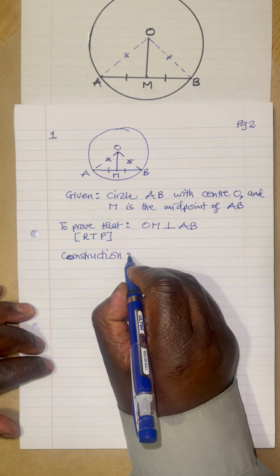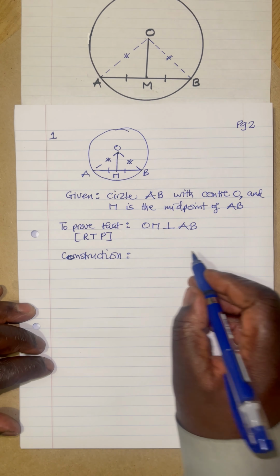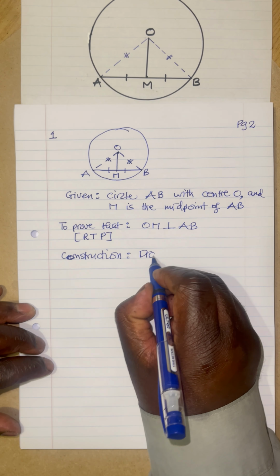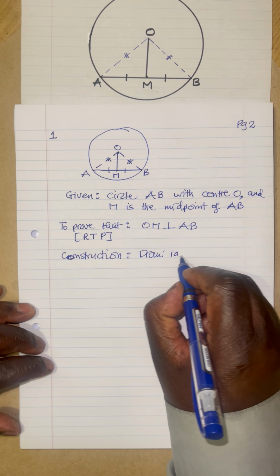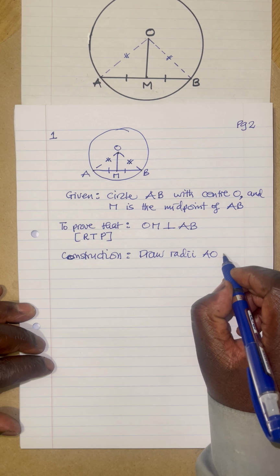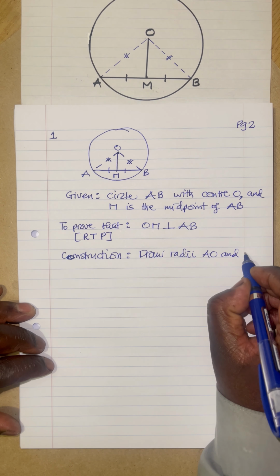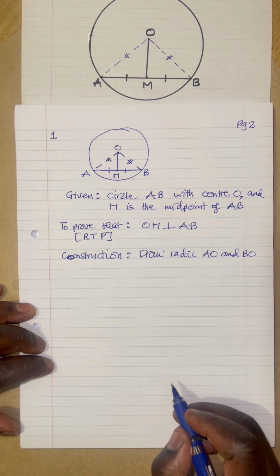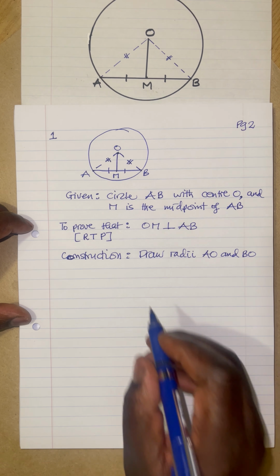We need our construction, and our construction is draw radii AO and BO. Right, next we go to proof.